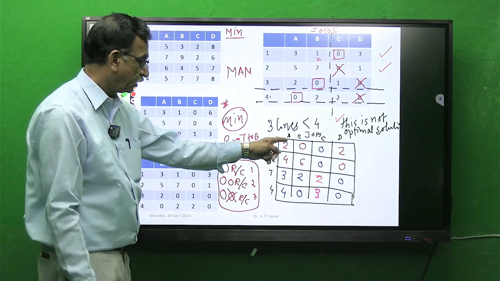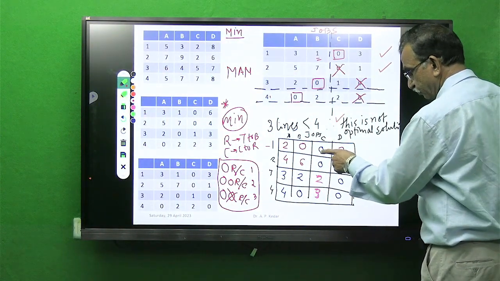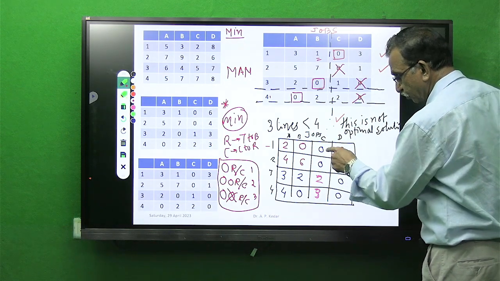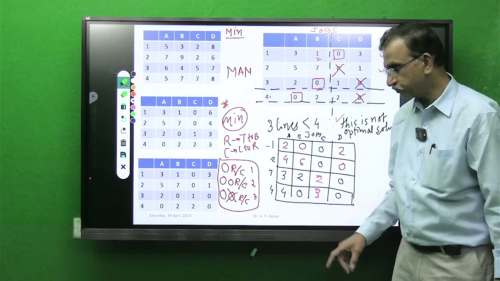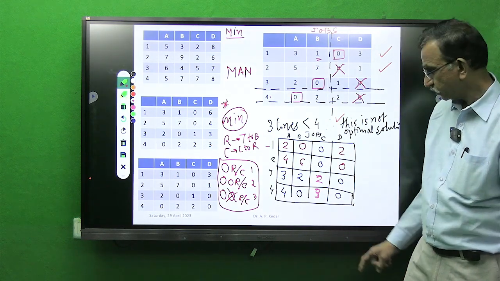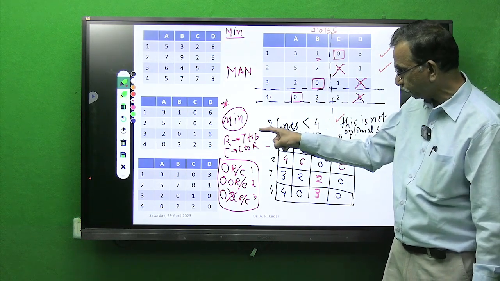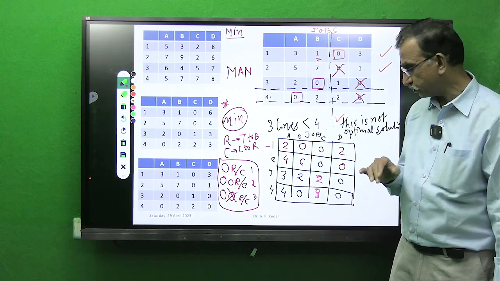Now see, in this first row we have two zeros. What we need is one zero, so we will not disturb this first row. We will switch over to the second row, top to bottom. Again 2 zeros, we will not disturb it.